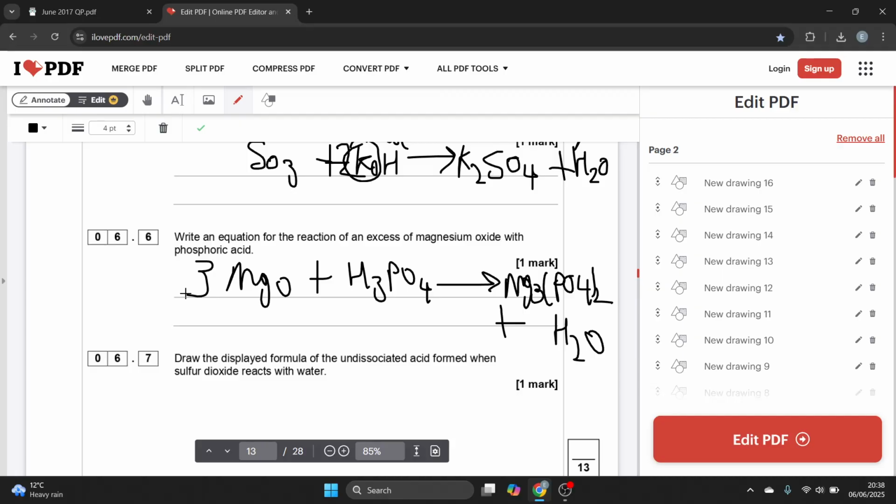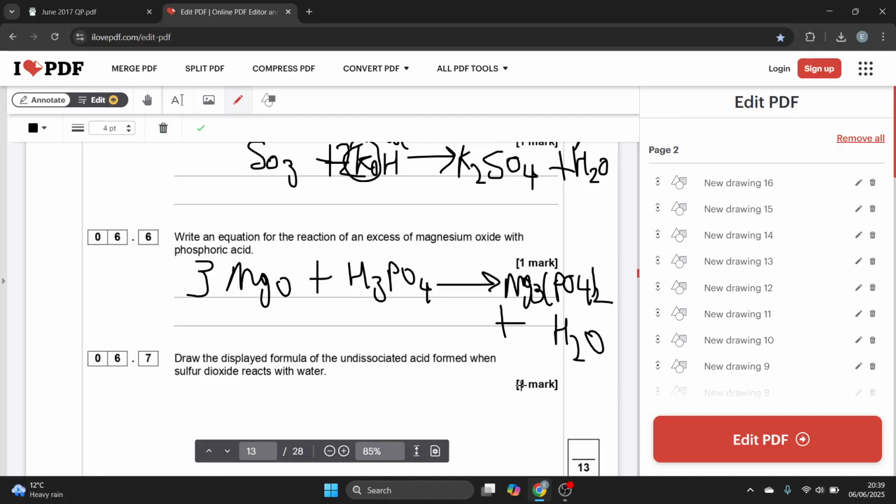If I add a 3 here, now I've got 7 oxygens, and on the left hand side I've got 9 oxygens on the right side. 3 MgO plus H3PO4 gives Mg3(PO4)2 plus H2O.